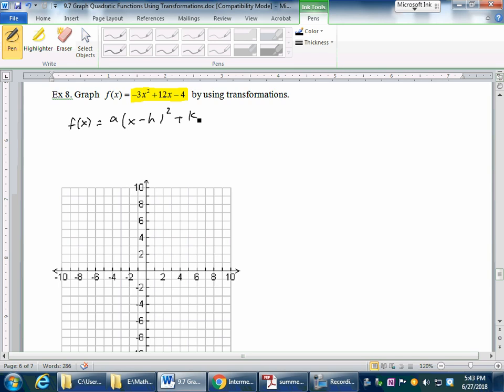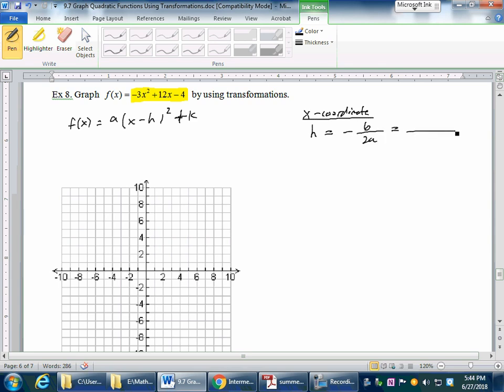To write it into this format, the important thing is we need to find our vertex. And we already learned how to find the vertex. So the x coordinate of the vertex, that is basically h, which is minus b over 2a.